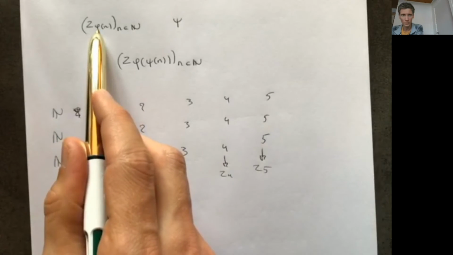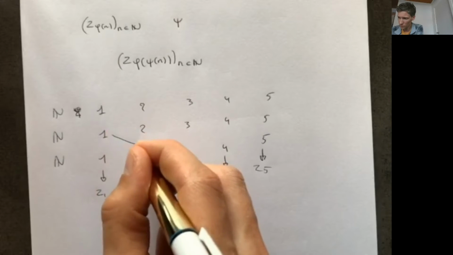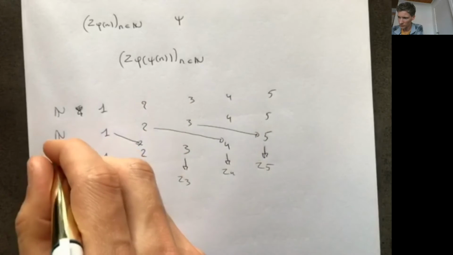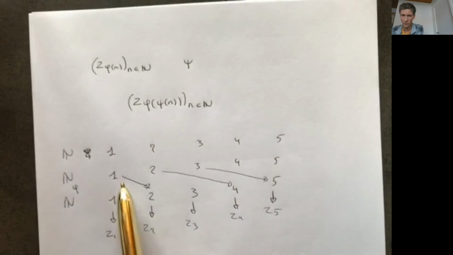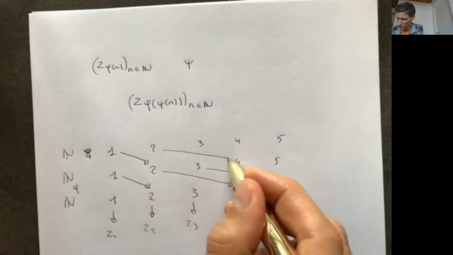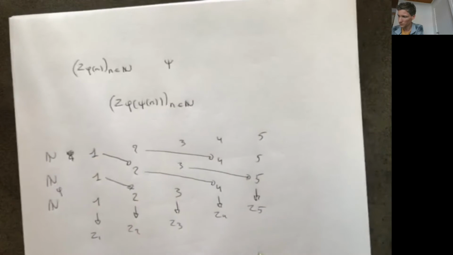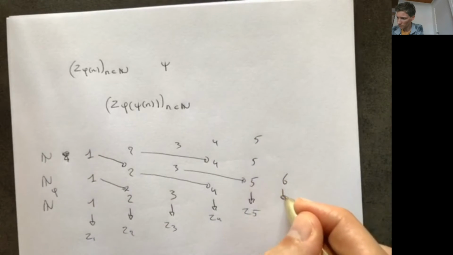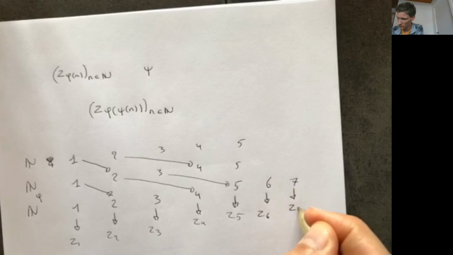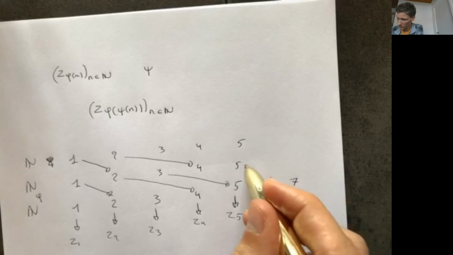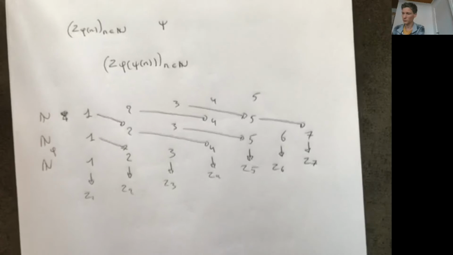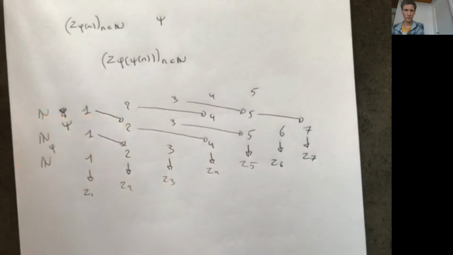Then we took a subsequence of this original sequence, a phi, for example, 1 to 2, 2 to 4, 3 to 5. Okay, so this was phi, and now we have to put a subsequence on top of this one. So for example, here 1 goes to 2, and 2 goes to 4, and so on. So let me add another number, a 6 here, and a 7. And for example, let 5 go to 7, and 3 go to 5. So at least we have some examples here.